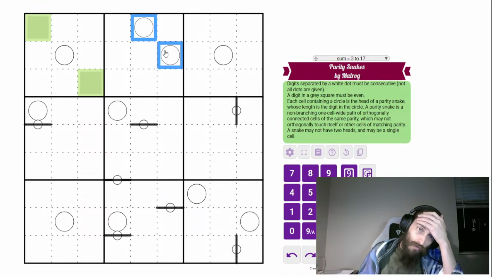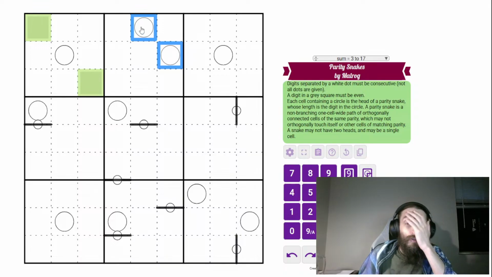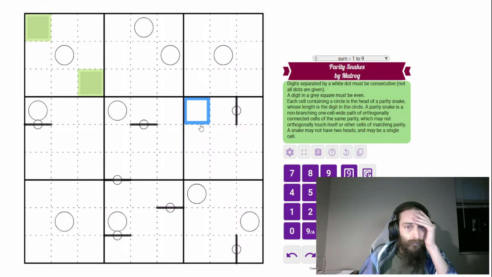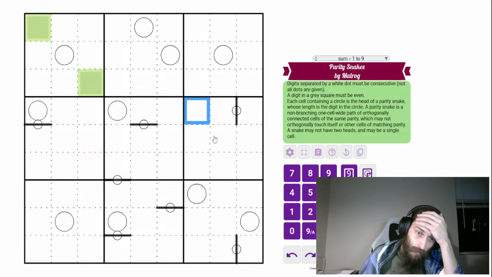Now, these two snakes, I think, have to be... well, not necessarily. They could go in opposite directions, because there's nothing that says they can't touch diagonally.